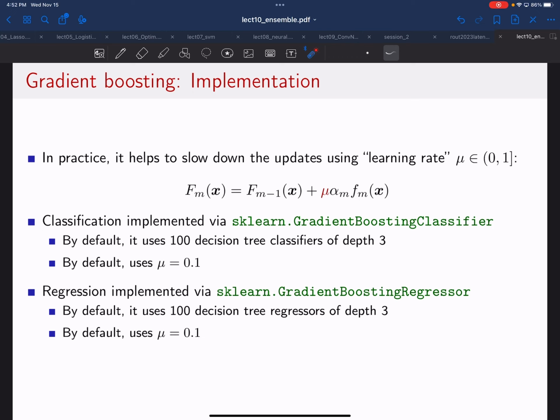It helps for generalization, but in any case, when you go to the sklearn implementations for classifiers or regressors, you see that they use mu as 0.1 in both cases, just as a data point. And for classifiers, they use 100 decision trees of depth 3. Same thing for regression too. So just to give you a flavor of what sklearn does to implement this.